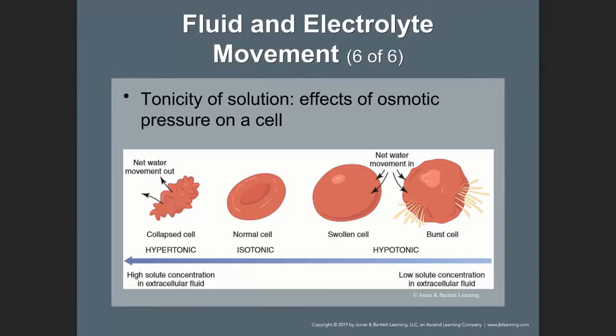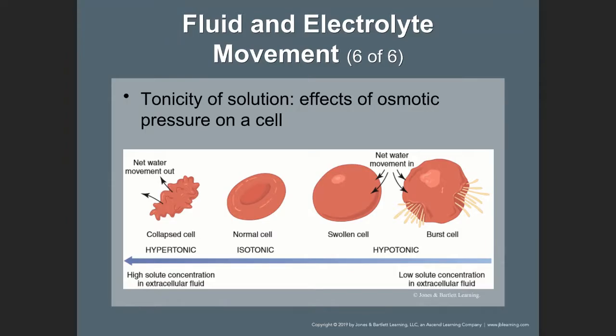What that means is the fluid that the cell is in has a higher concentration of solutes than what is inside of the cell. So that fluid is going to pull water from the cell and the cell shrinks.